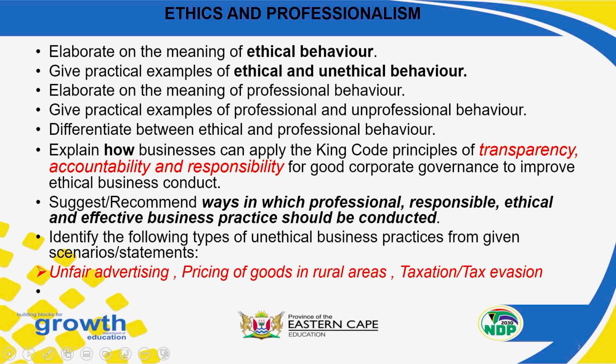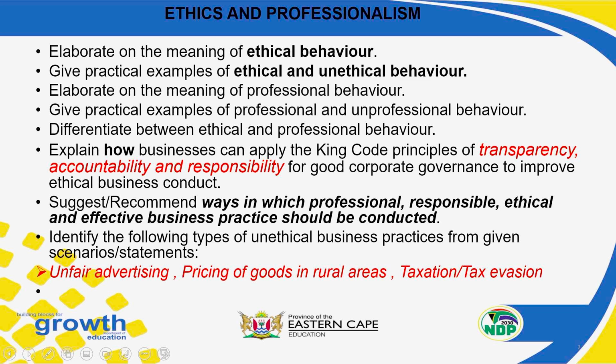It means if you will be answering question 3, you need to be knowledgeable, or well conversant, with ethics and professionalism. The first thing that you need to know is to elaborate on the meaning of ethical behavior, and you must be able to give examples of the ethical and also the unethical behavior.